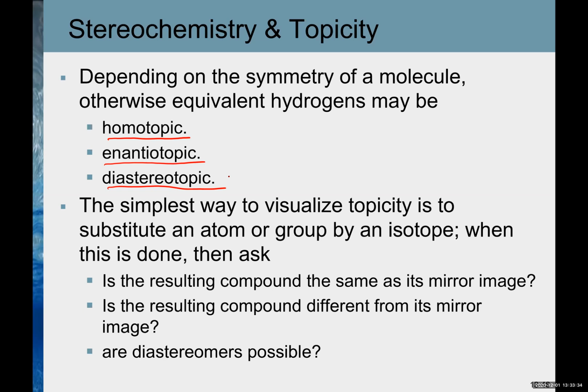The simplest way to visualize topicity is to substitute a nucleus with an isotope of itself. Let me give you an example. Let's say we have this molecule.